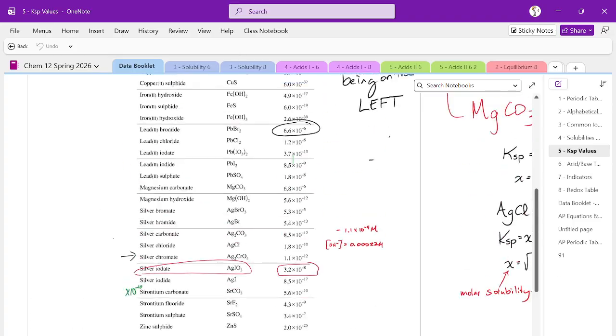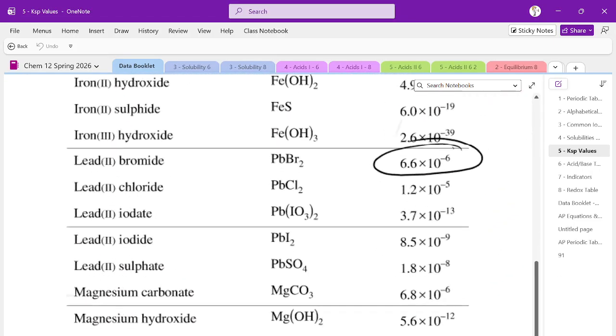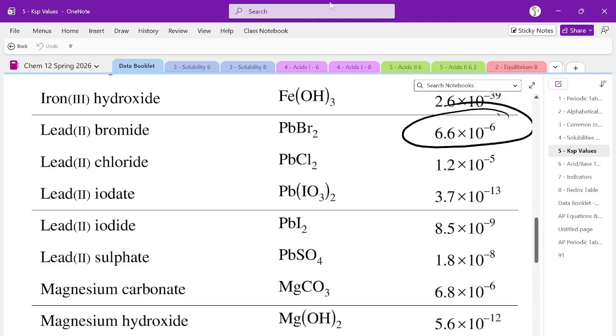And they'll say, the solubility of lead iodide is 8.5 times 10 to the negative 9. Is that correct? No. 8.5 times 10 to the negative 9 is the KSP, which you can use to find the solubility, but is not the solubility itself. So you cannot look up the solubility on the chart. You can only look up the KSP.